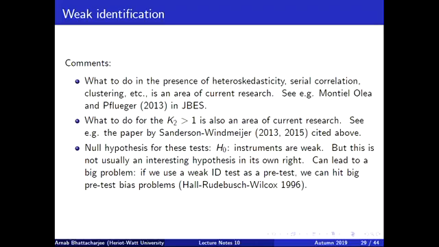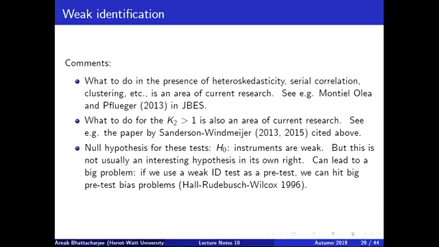By doing this repeatedly, and then you pick up one which rejects the weak instrument null hypothesis. Wow, but you might have just rejected that by chance. So using this as a pretest is going to generate even more bias in your IV. That's the problem.